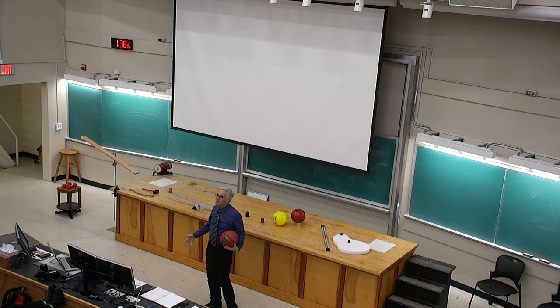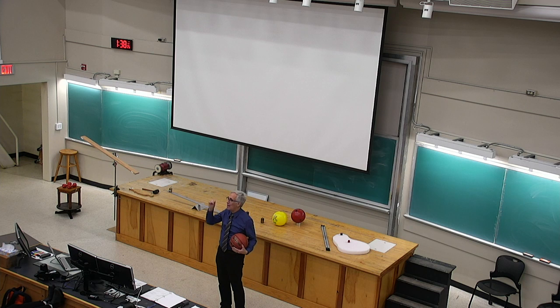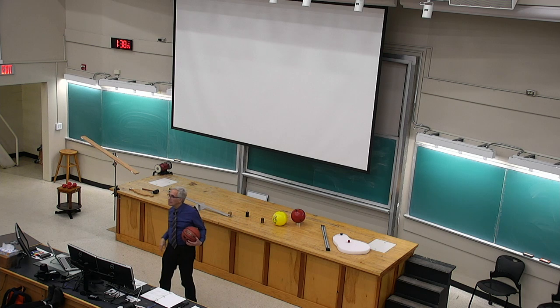From the perspective of translational motion, it's as though the whole object is right at that point. From the perspective of rotational motion, that point is special. That point sort of stays put during the rotation, and everything else revolves around it.